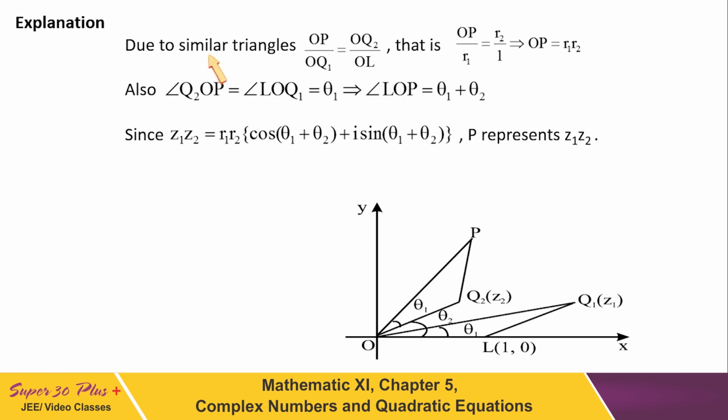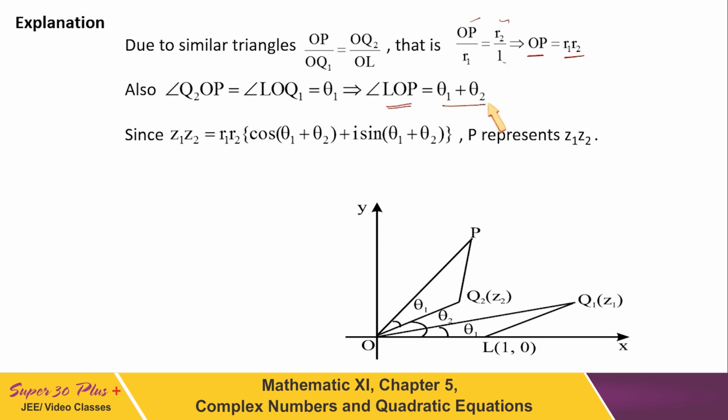Due to similar triangles, we can write OP upon OQ1 is equal to OQ2 upon OL. That is, OP upon R1 is equal to R2 upon 1. Then we can find OP is equal to R1 into R2. And we can also find angle LOP is equal to theta1 plus theta2.